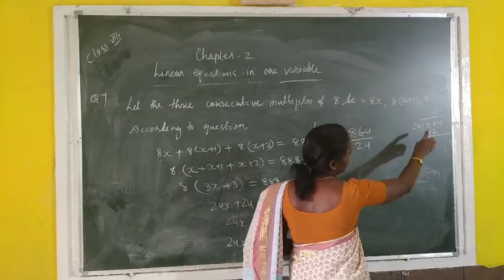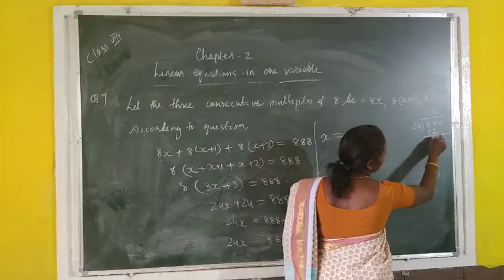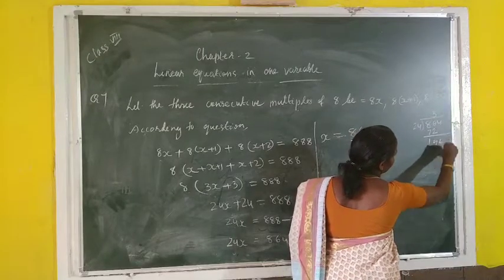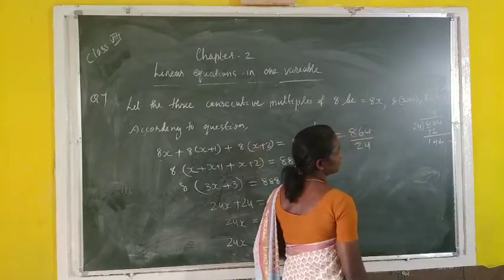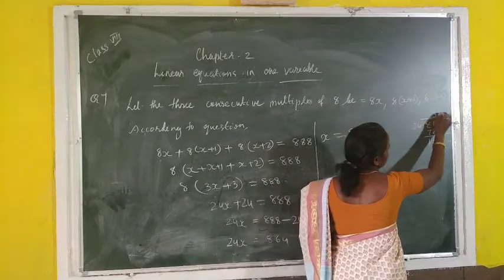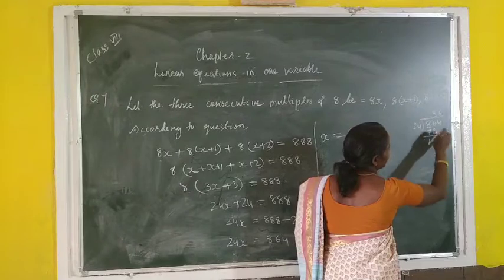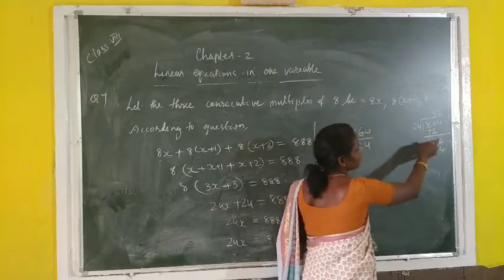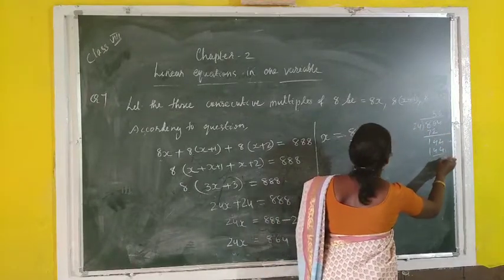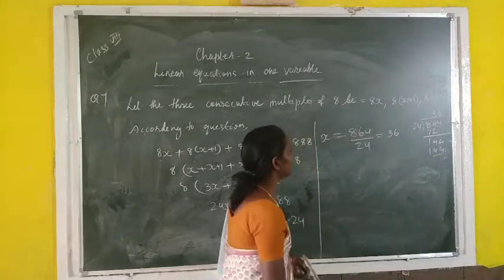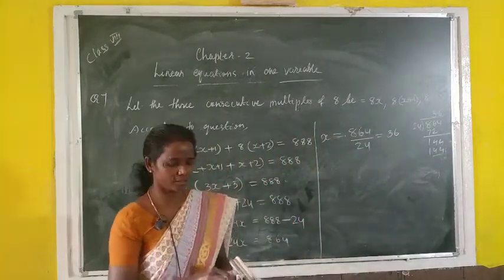Then look, 6 minus 2 is 4, 8 minus 7 is 1. The next 144, how many times? Look, 6 times. 6 4s are 24, 4 carry 2, 6 2s are 12, 12 plus 2 is 144. So how many times? 36. So x is 36.